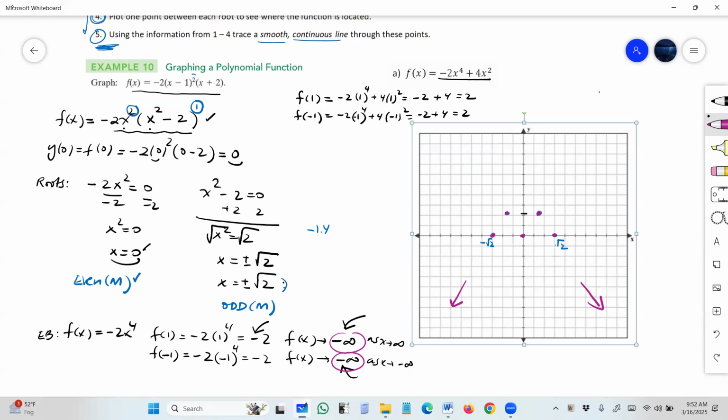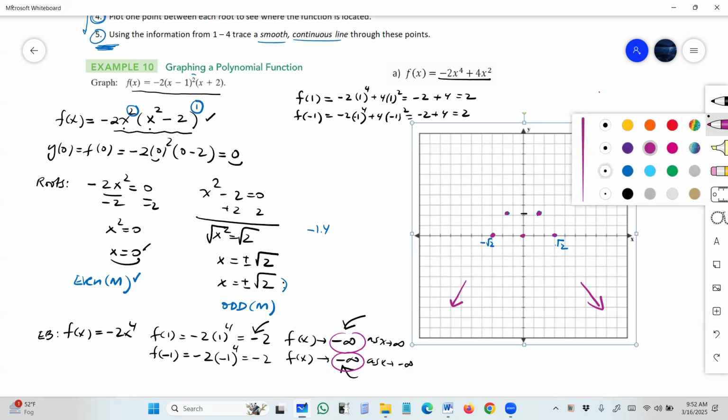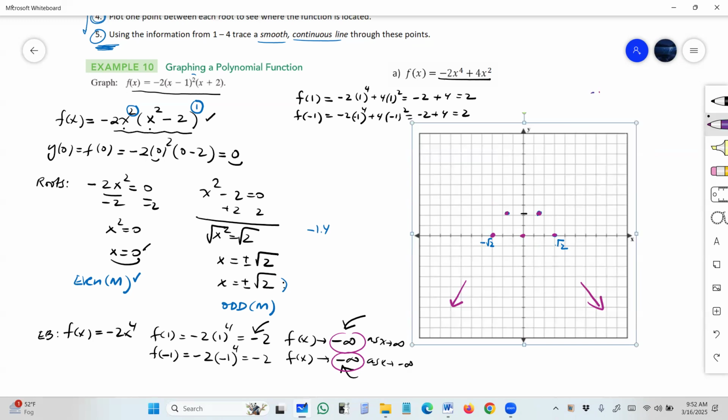Let's see if we can do this because it's, again, kind of hard. The multiplicity of the radical 2 is odd, so it's going to cross, but the multiplicity of 0 is even, so it's going to bounce.